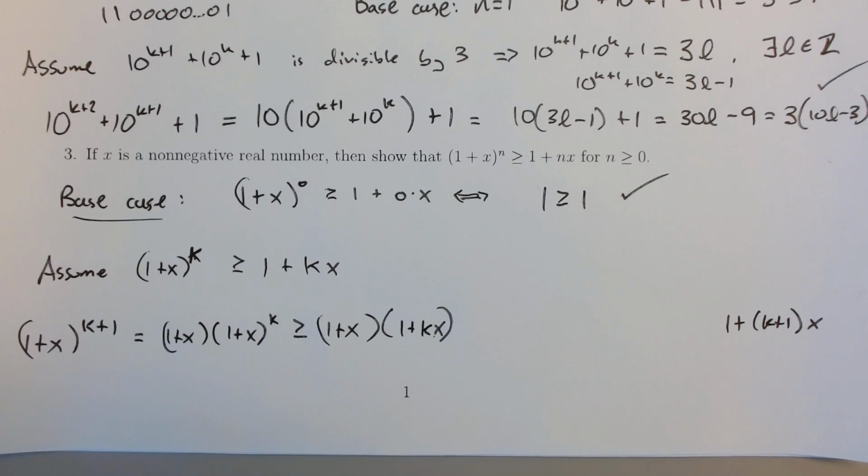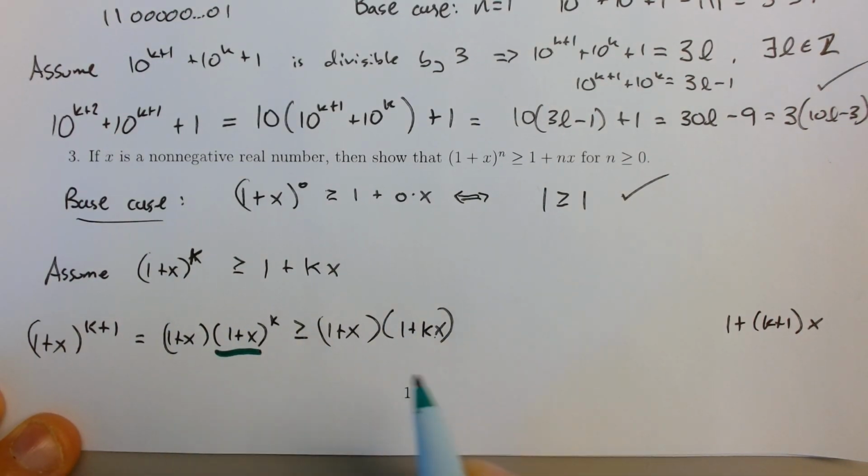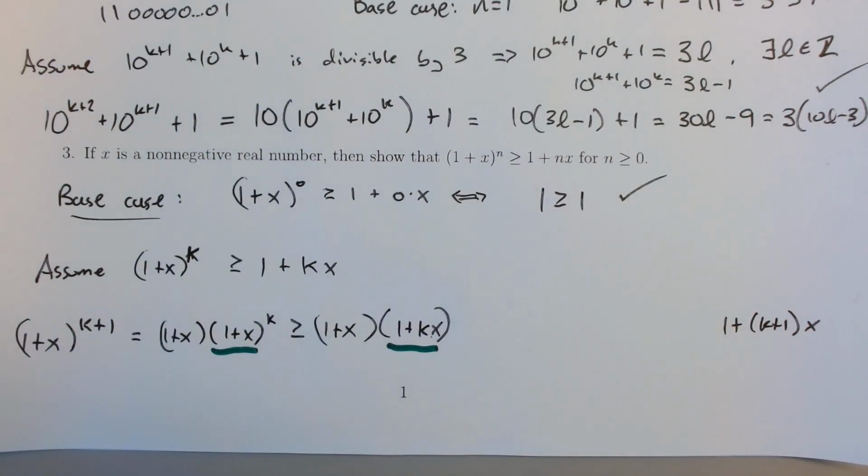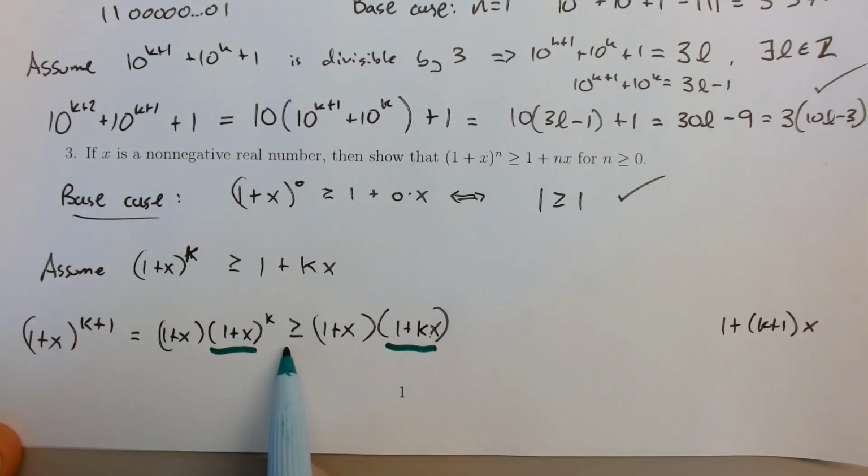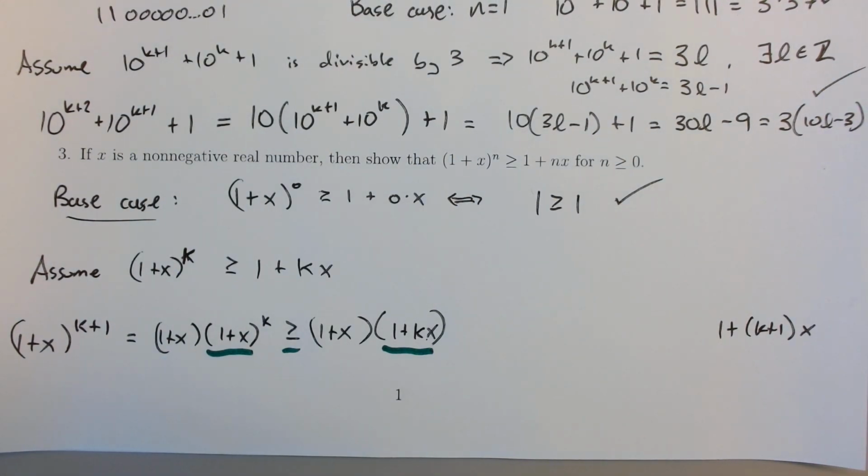So just to see what happened there, I just replaced that with that, and changed the sign from equal to greater than or equal to, since that's what the sign is. Okay, so we're trying to get to here with, again, either equal signs or greater than or equal to signs.